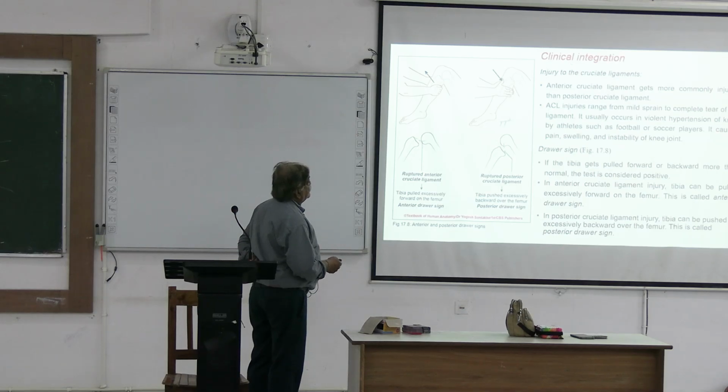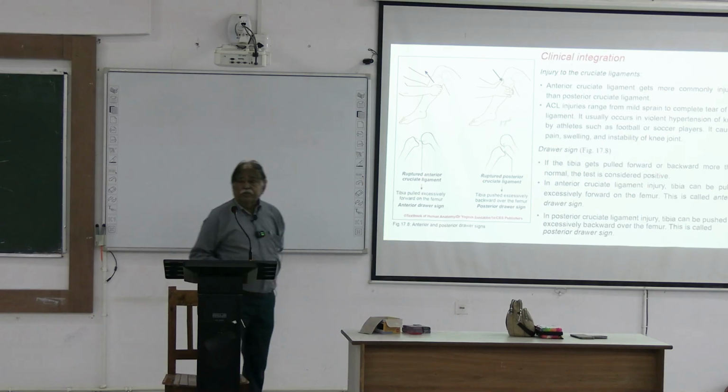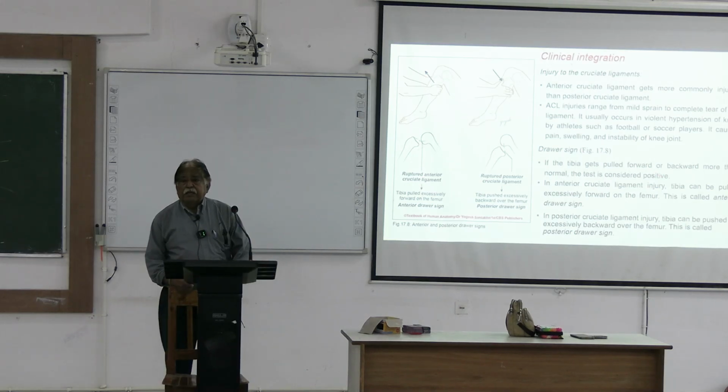It causes pain, swelling and instability of the knee joint. Draw sign: if the tibia gets pulled forward or backward more than normal, the test is considered positive. This can be a short note for 2 marks or 4 marks.